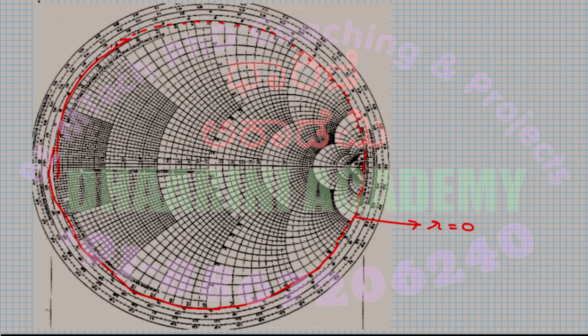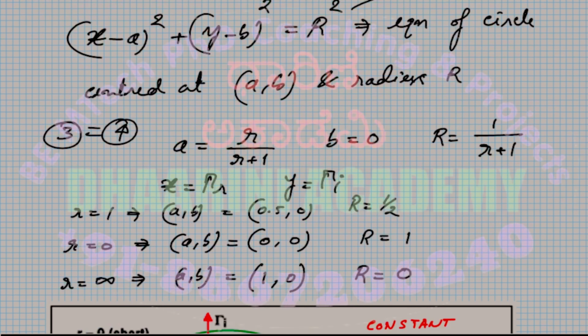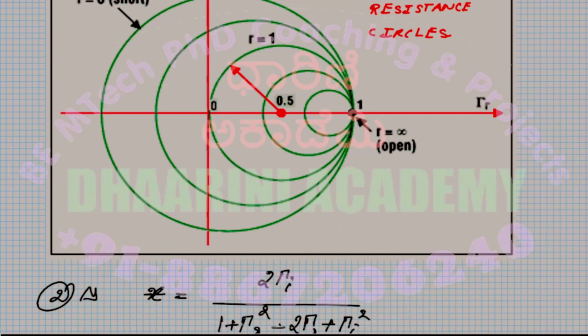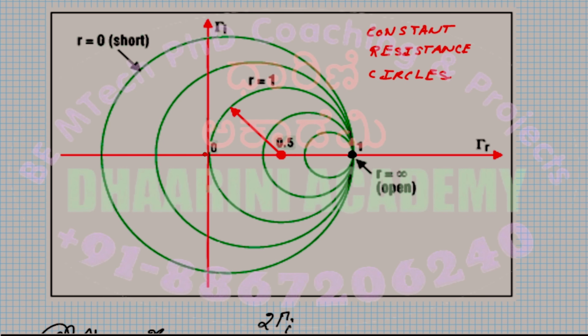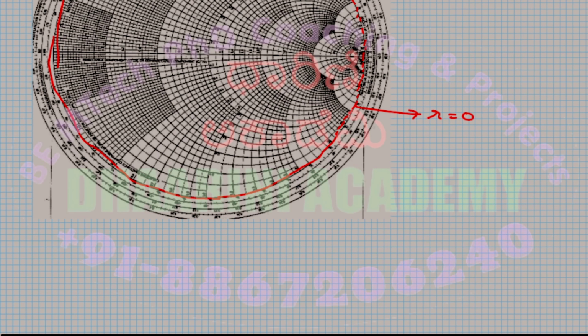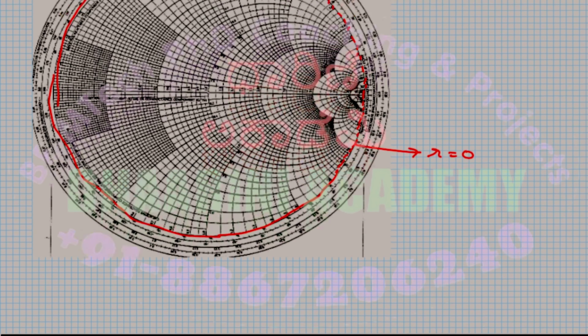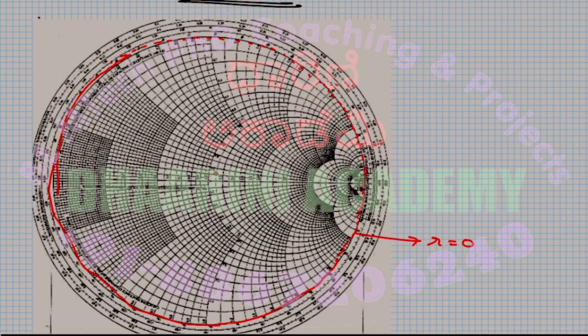Then let me go back and check where is the R equal to 1 circle. The one circle which touches 0 as well as R equal to 1 is that. So let me go back and check. See, this is the central point.